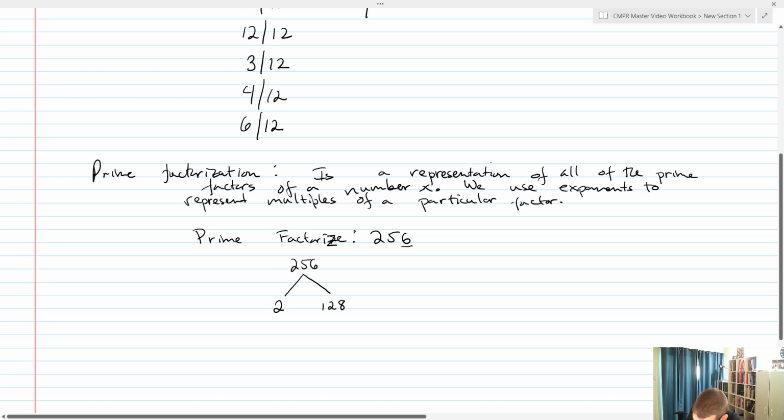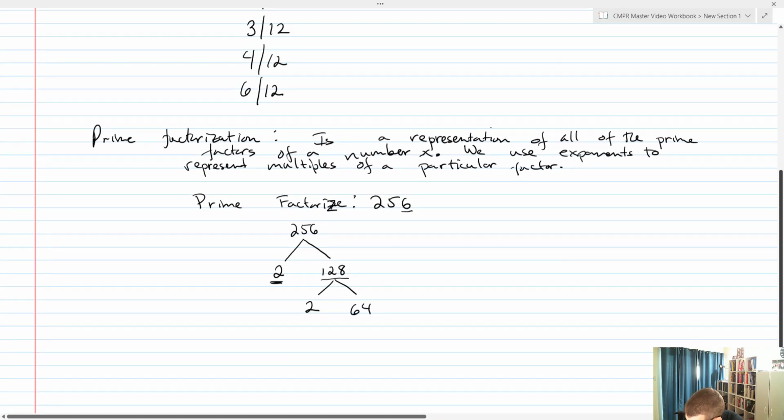And that's 256. Now, we notice that 2 is prime, so we go to 128 and we ask, can I divide 128? Well, 128 divides by 2, so that's 2 times 64.